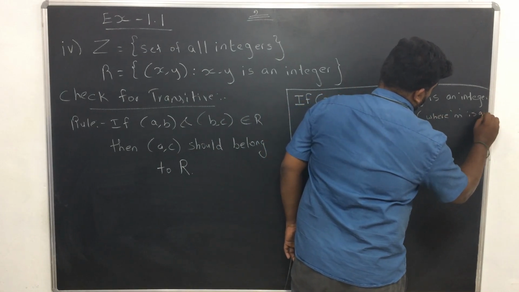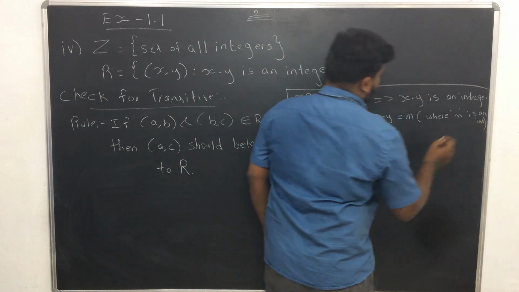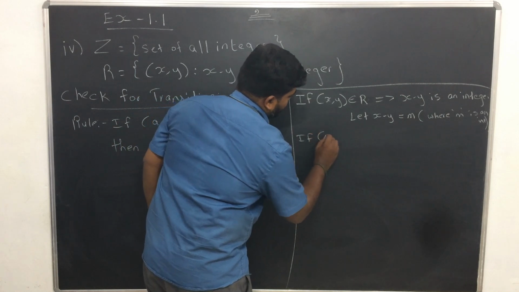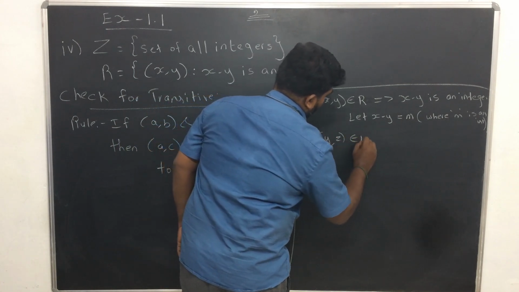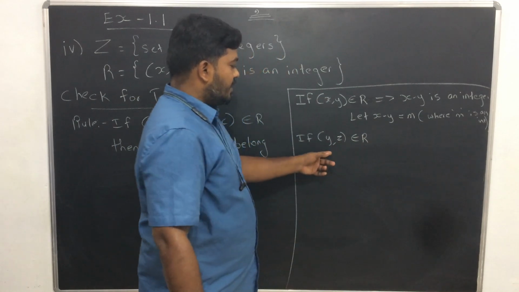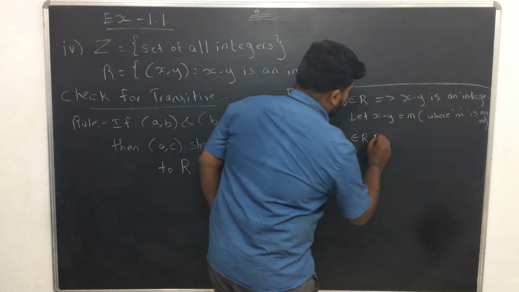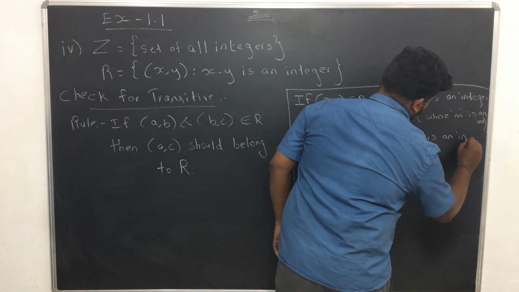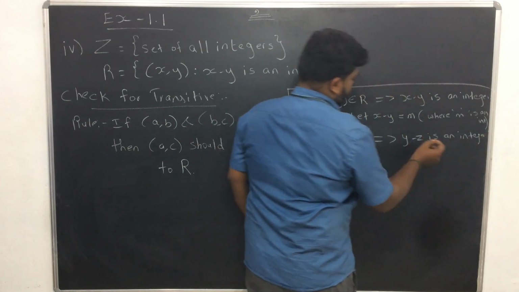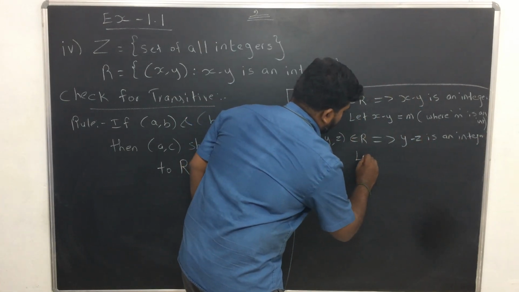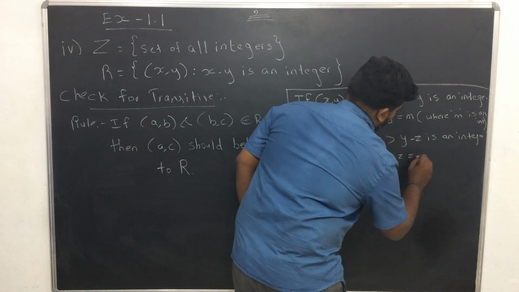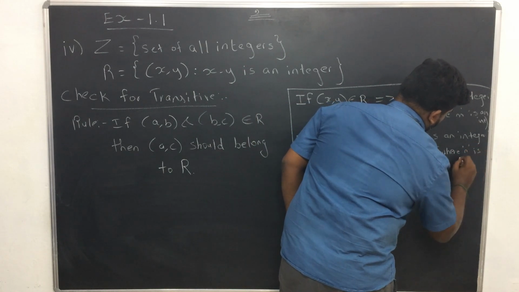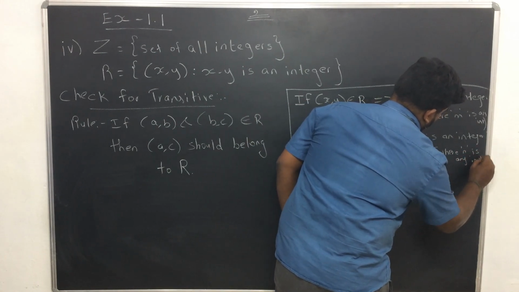Now, if (y, z) belongs to R, if this pair is in the relation, then it implies that y minus z is an integer. Let y minus z be equal to n, where n is any integer.